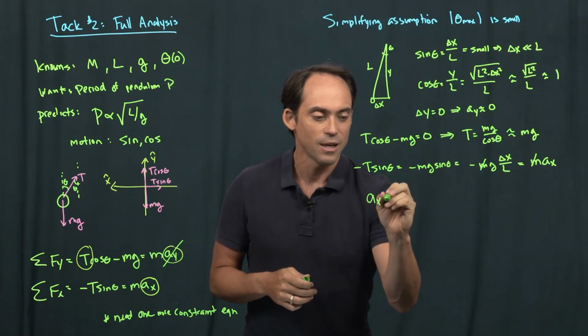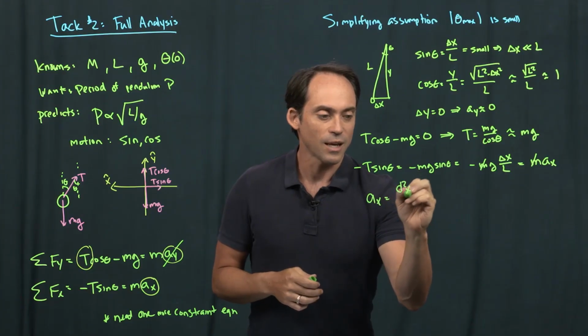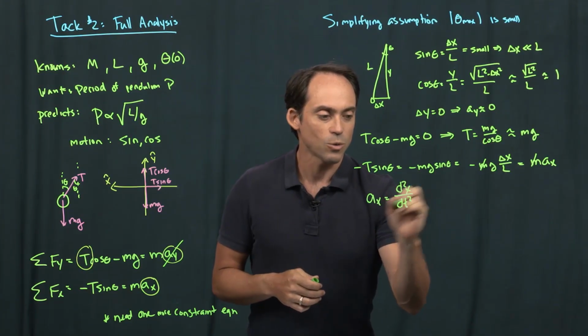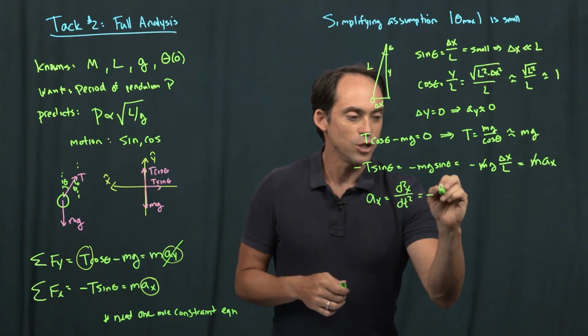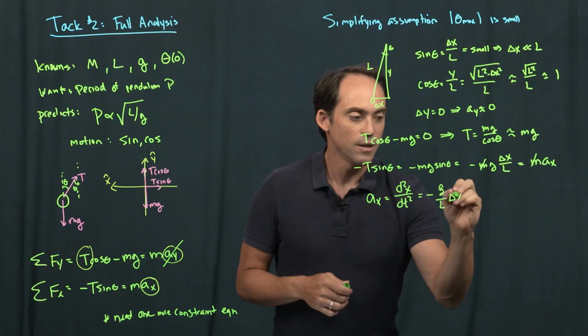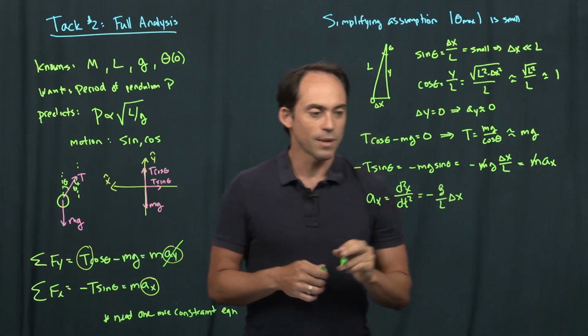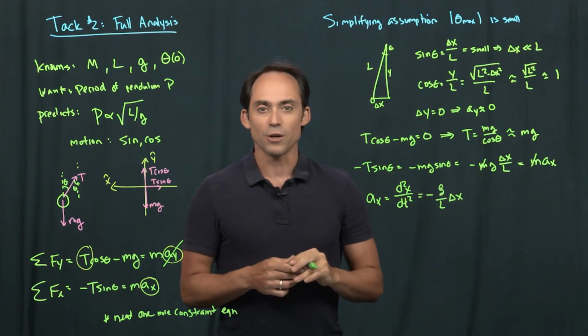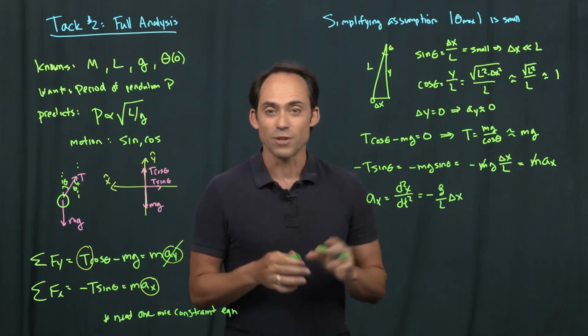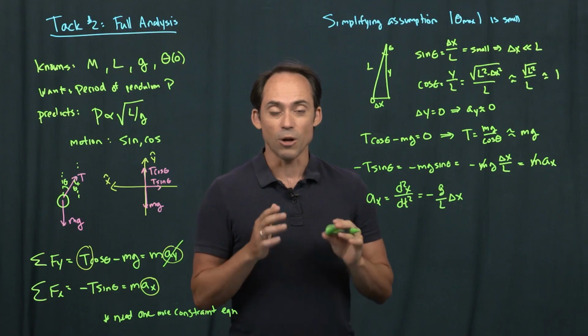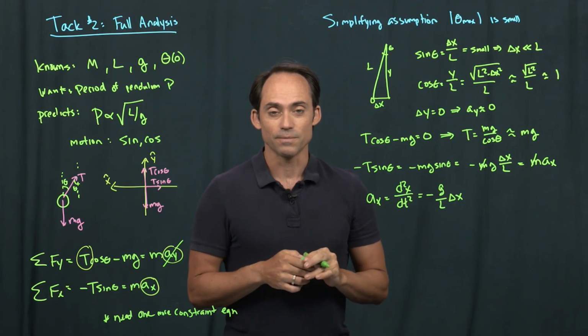Acceleration x is equal to the second derivative of x, and that's equal to minus g over L times delta x. So now we're left here with a differential equation, and we've got to figure out now how to solve this differential equation in order to ultimately get to our answer of what the period is.